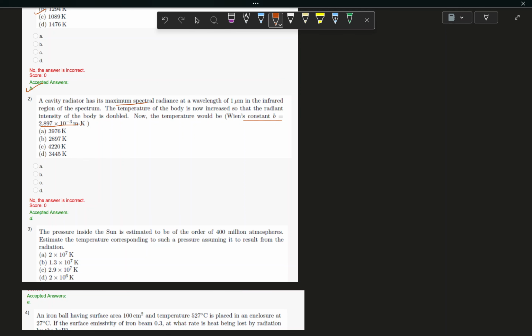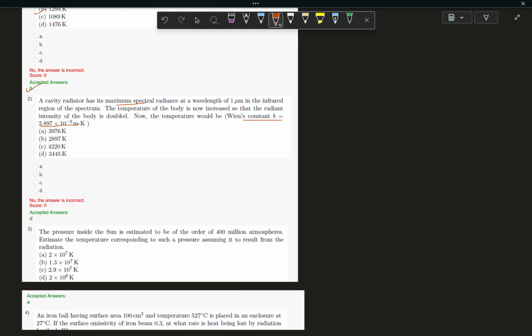Similarly, we can remember the value of Wien's constant B, because sometimes the question does not mention it explicitly and you have to remember it on your own. But mostly they mention it, though we prefer to remember this constant value.